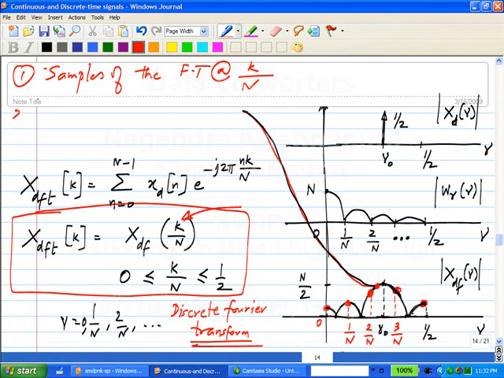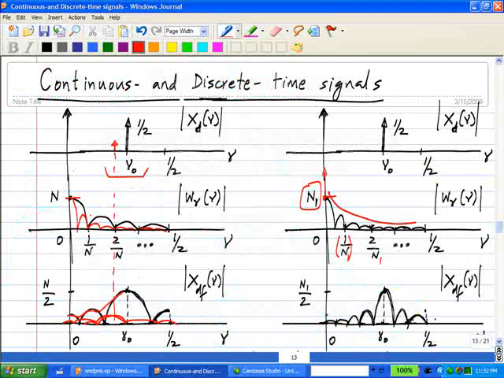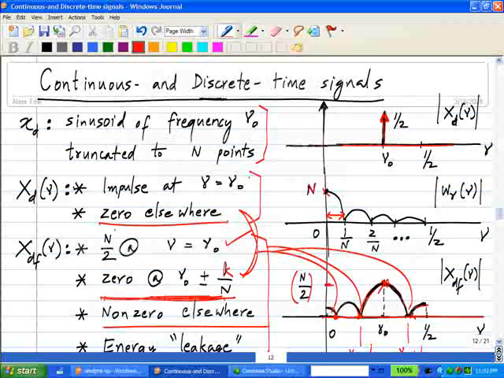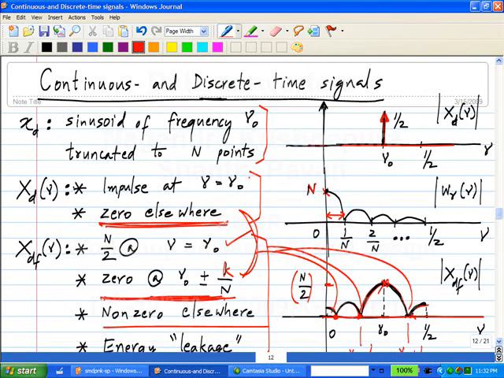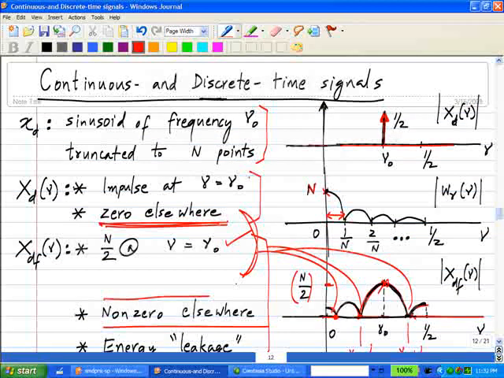The second key observation that I made earlier, which didn't look very significant then, is that the real Fourier transform, the actual Fourier transform, is 0 elsewhere, and the Fourier transform of the windowed signal is 0 at nu naught plus minus k by n. That's because of the zeros in this one.